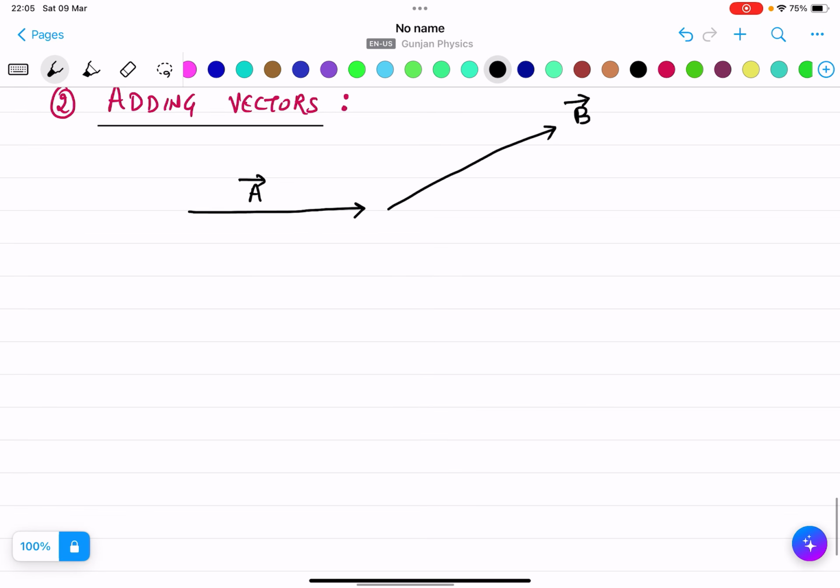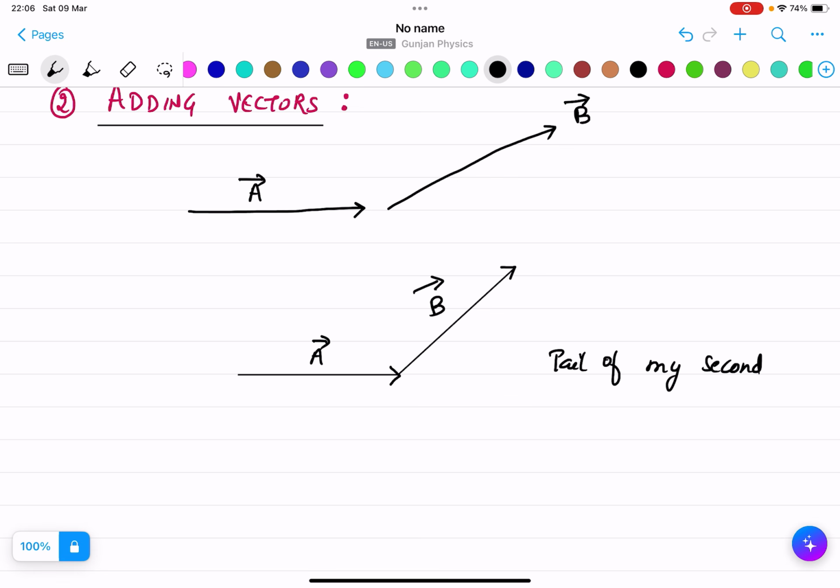How do we add? We basically put the tail of one vector on the head of the other. My A vector will be this one and B vector will be this one. I am putting the tail of my second vector at the head of the first vector.